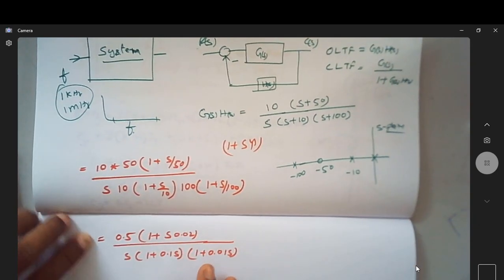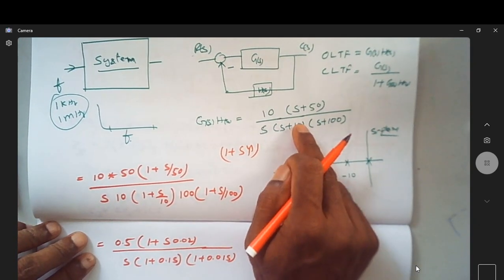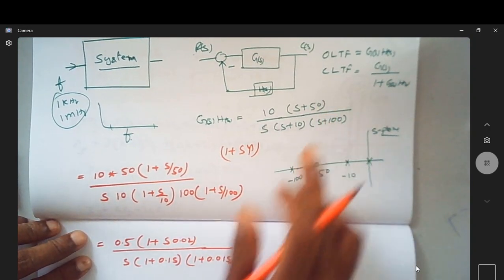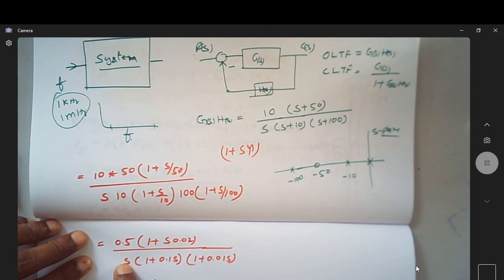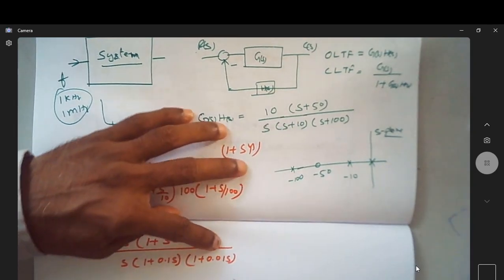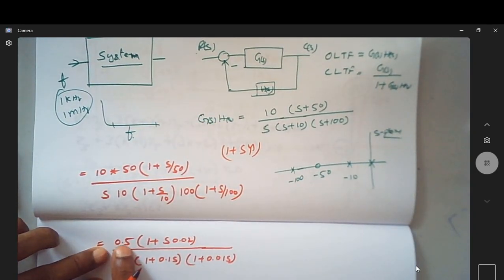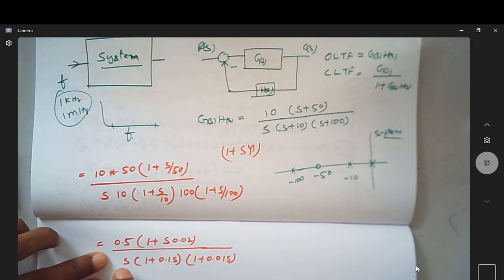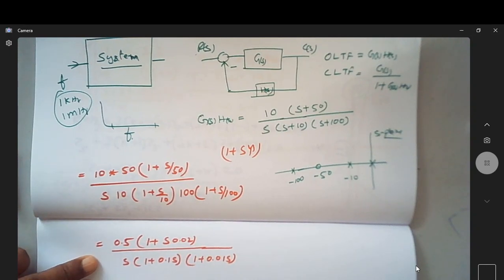See now, this was my original transfer function in pole zero form that has been brought to a time constant form of representation of the same transfer function. So it is now 0.5 into 1 plus 0.02s divided by s into 1 plus 0.1s and 1 plus 0.01s. So here also don't think that the pole zero positions have changed.